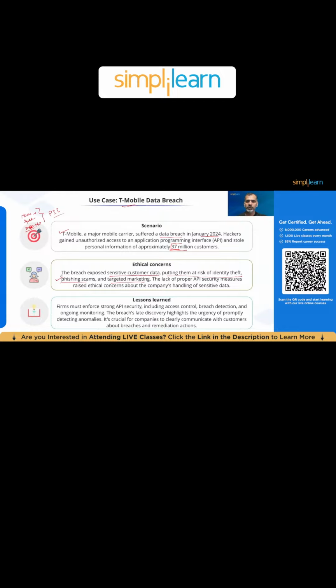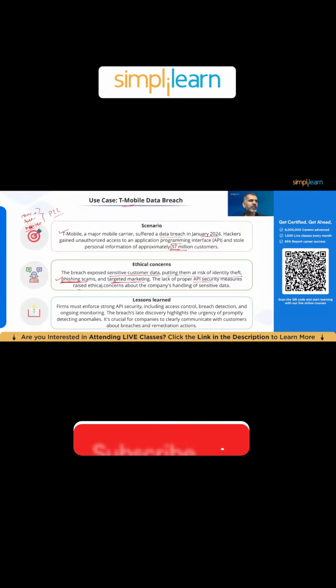And then they ask you to share your account or CVV numbers, etc. So that can be used in a phishing scam. This can be used for targeted marketing also. When you expose such important information to a hacker community, that can be used for any purpose. So the lack of proper API security measures raises ethical concerns about the company's handling of sensitive data.